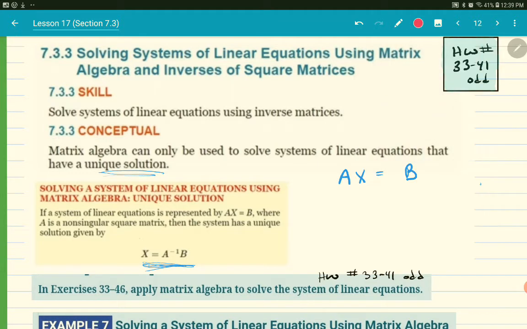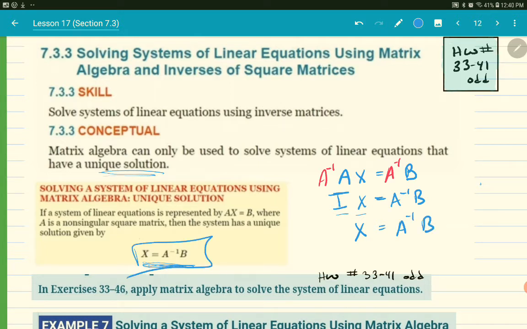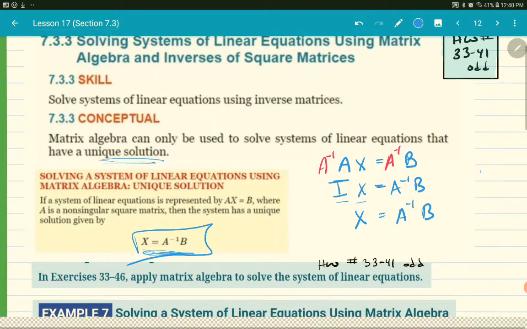I can solve that by taking the inverse of the coefficient matrix, because then these on the left will turn into the identity matrix, and on the right, I get that, and the identity matrix times x, anything times identity is itself. So that gives us the way to solve for the variables.